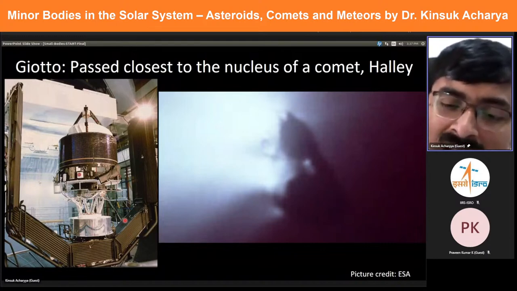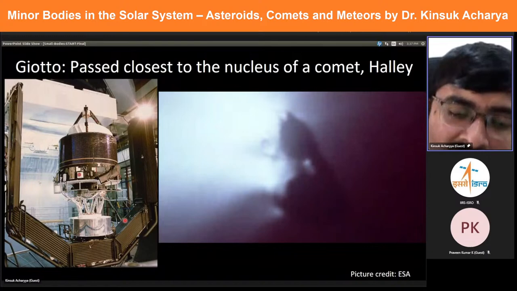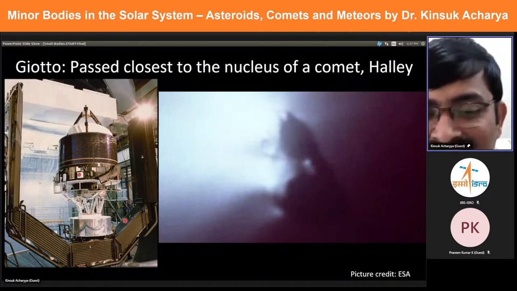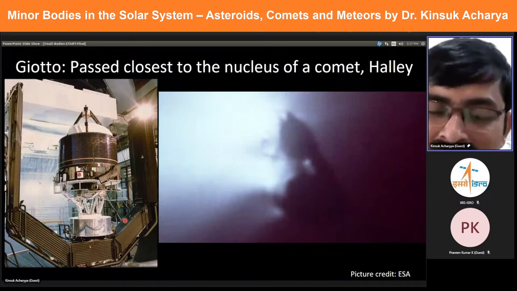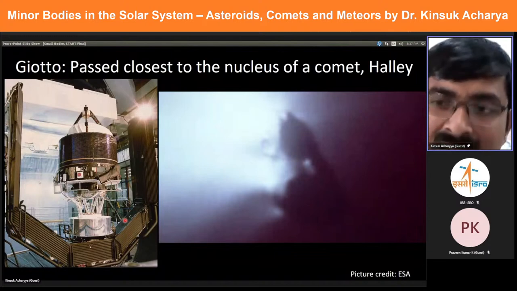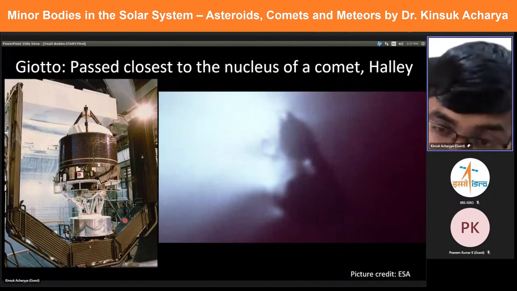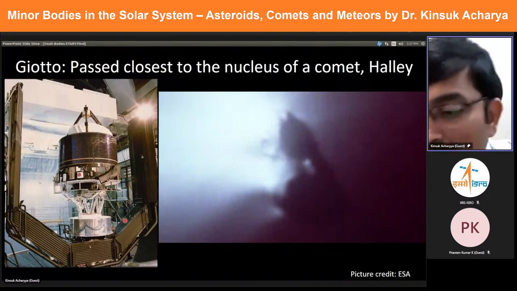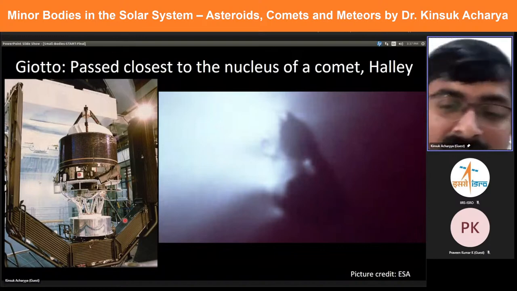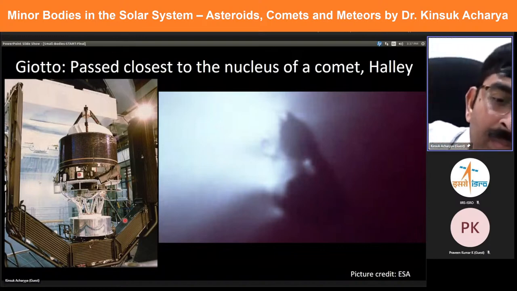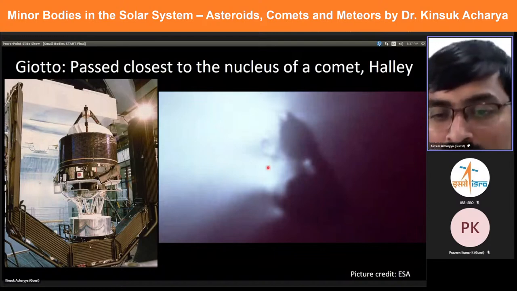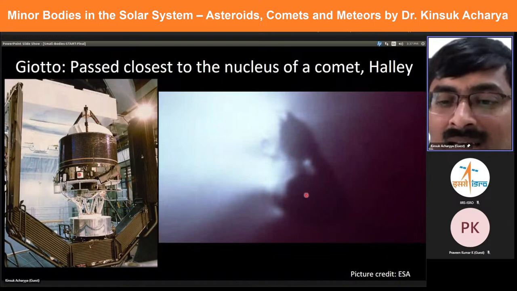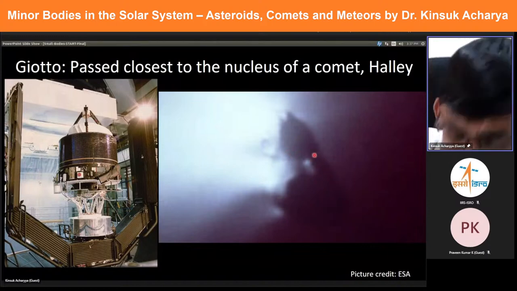So as I have mentioned, the comet Halley is probably one of the very favorite comets because it was the first comet for which the orbit was predicted, and it was predicted that every 76 years it will come back. So here, for the first time, people had in situ measurement of the cometary atmosphere, and it could also find out the irregular shape of this comet.